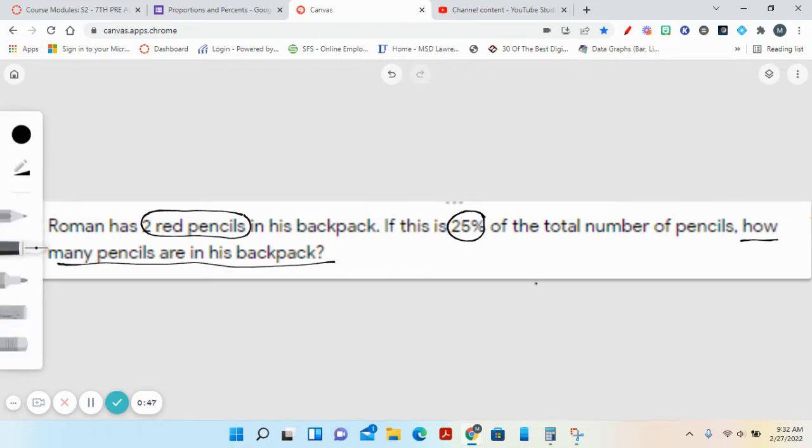So let's go ahead and get to a new screen real quick. So we have 2 pencils. It's 25%. And we want to know total pencils.